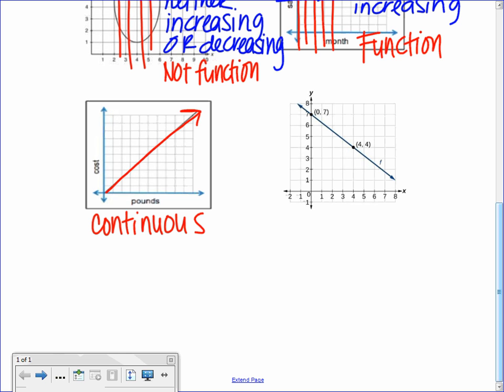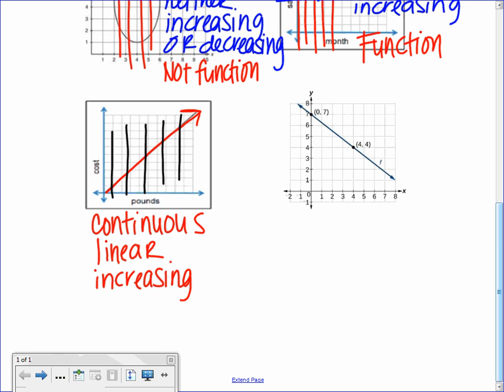My points are all connected. And just proved it's linear. It's forming a straight line when I trace over that. And this would be increasing. Do my vertical line test. And notice that this would be a function.